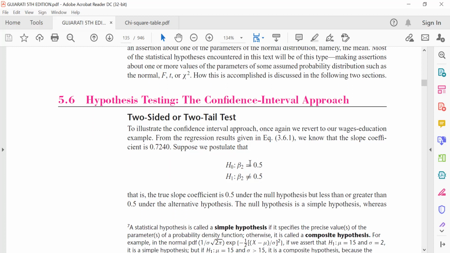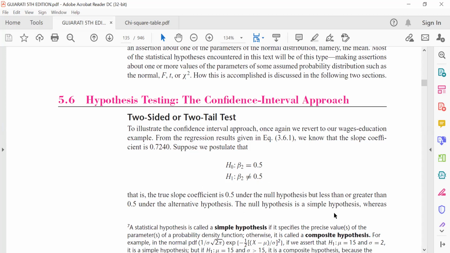That means we have an alternative hypothesis. This is a two-sided test, because we have two tails here from the negative to positive areas. The true slope coefficient is 0.5. This is a question: is the true value 0.5 under the null hypothesis, but less than or greater than 0.5 under the alternative hypothesis?